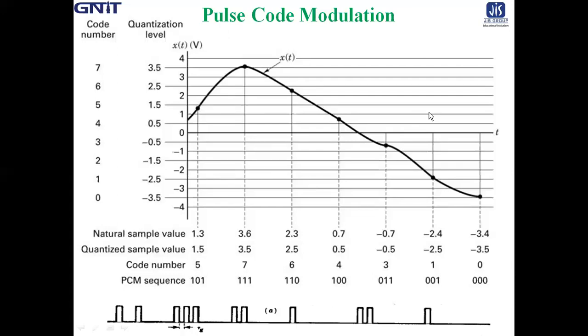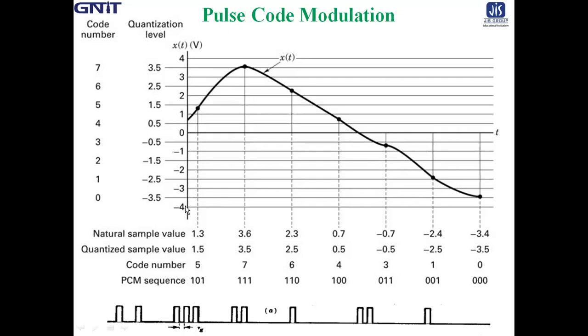In PCM, the message signal is sampled and the amplitude of each sample is approximated to the nearest one of a finite set of discrete labels. Let us consider that x(t) is a message signal whose voltage range is divided from -4 to +4 levels, following the principle of quantization, and each has a step size, say 1 volt.